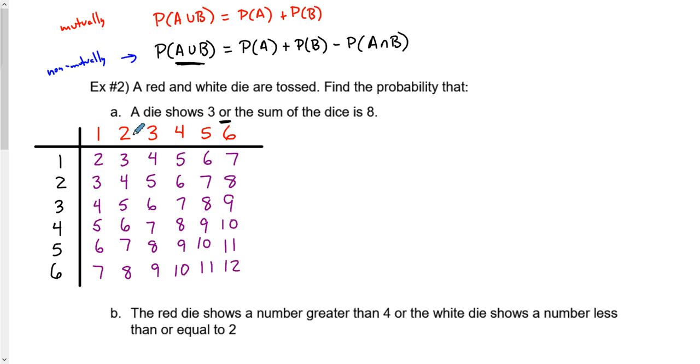Once again, I'm just going to pause. So the question is saying, we want to know the probability of having a die showing 3 or the sum of the dice being 8. So for a die to show a 3, that's talking about all of these options, as well as all of these options, because the red die could be showing a 3, or the white die could be showing a 3.